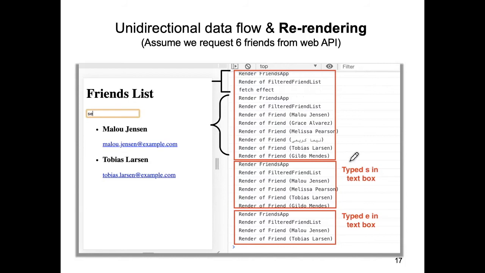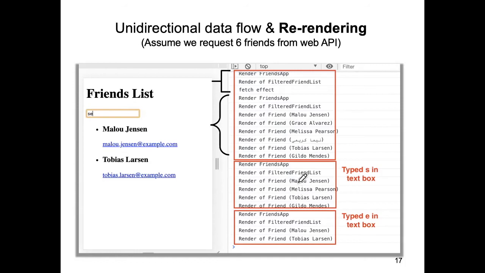Then I'm saying, suppose the user types a particular character into the text box. That causes a state change in the top component, so it re-renders. It also recomputes my list of matching friends. It passes that new list of matching friends down to the middle component, which causes the re-rendering of the particular friends that had the matching name.